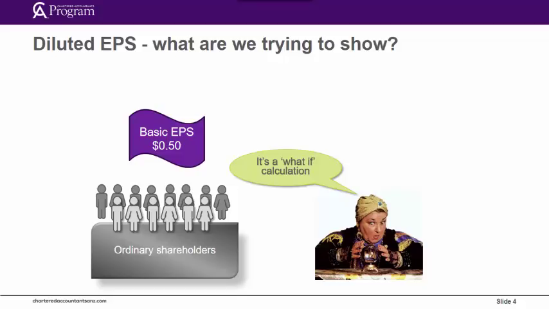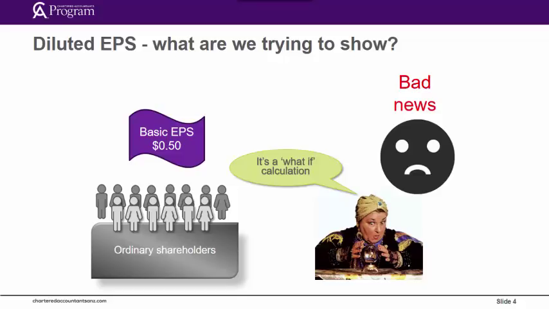What's going to happen to your basic earnings per share? That's what the diluted calculation tries to do. The standard's only focused on bad news. So maybe think that we're trying to be conservative, not trying to show future good news, but only the future bad news.